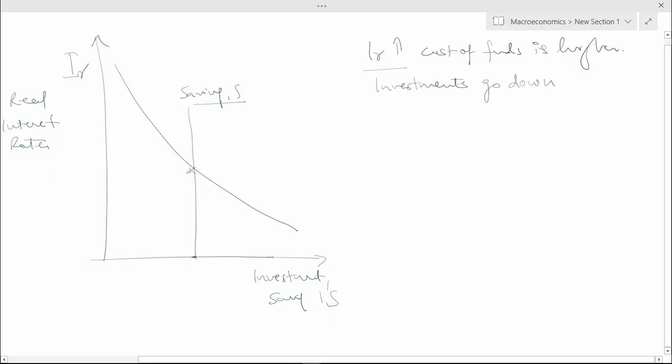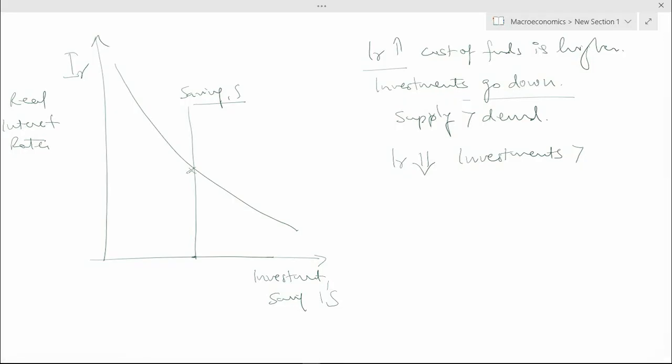So investments would go down. The supply of loanable funds is higher than the demand for loanable funds. The market is not in equilibrium. What happens when IR goes down? When IR goes down, the investments would go up because investors would go chasing projects. So investments at that point of time are higher, since investments are higher, basically householders.